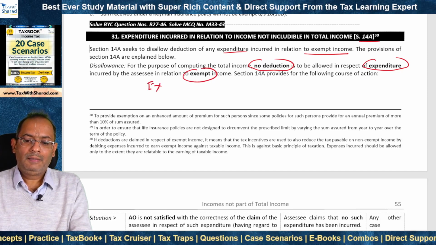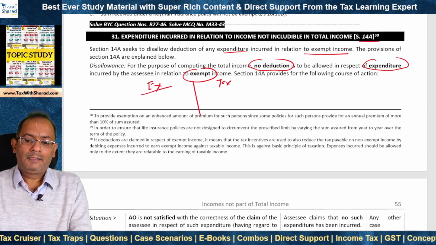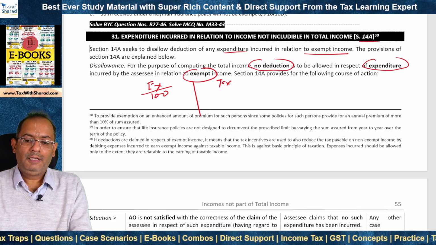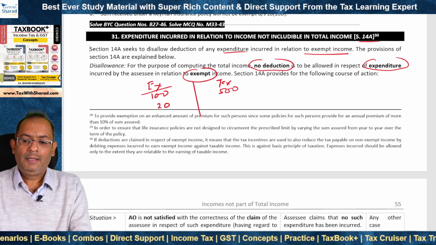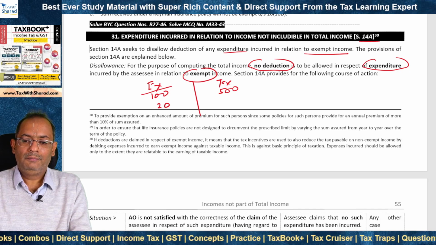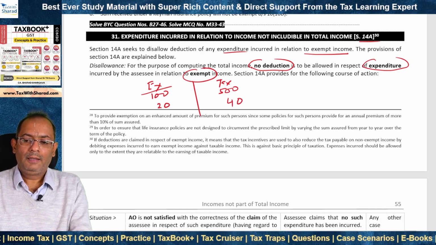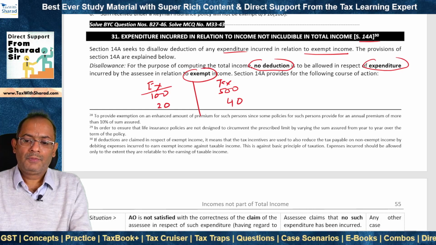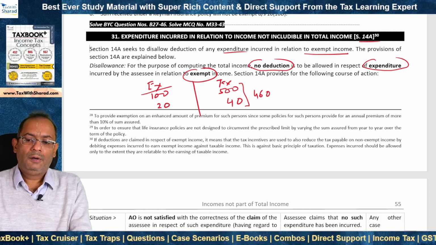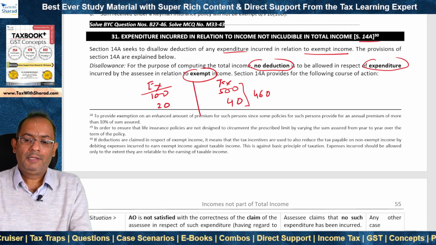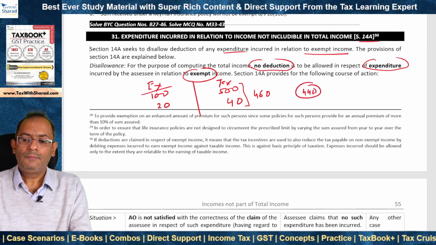So if exempt income is 100 and expenditure incurred is 20, and taxable income is say 500 and expenditure incurred is say 40, what will be the total income for the purpose of levy of tax? Will it be 500 minus 40, 460, or will it be 500 minus 40 minus 20, which is 440?